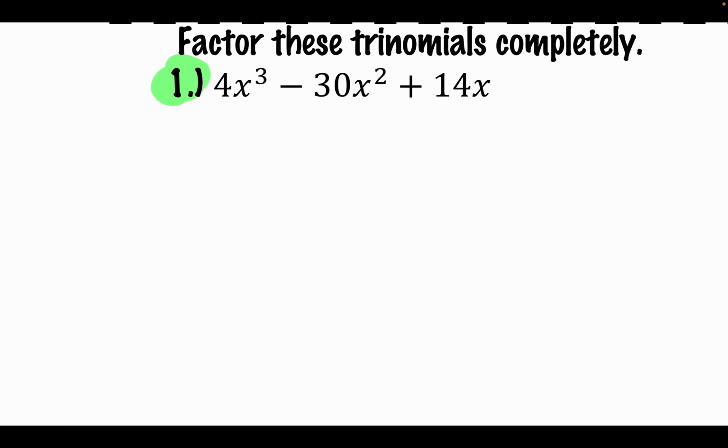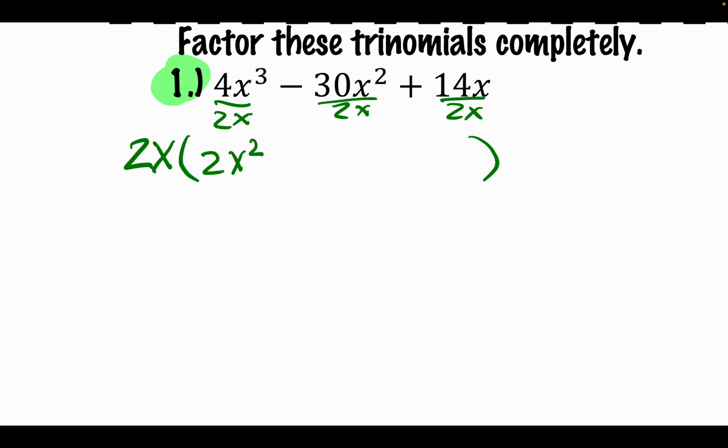So we're going to take out a 2. And if you look, all of these also have an x. So we're going to take out 2x. So if we divide each of these by 2x, that leaves us with 2x squared minus 15x plus 7.